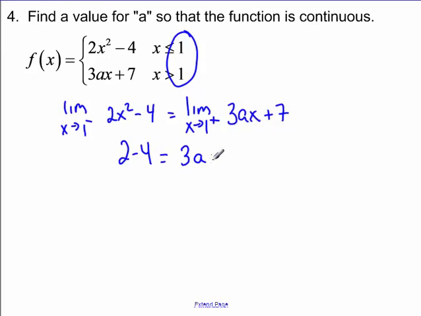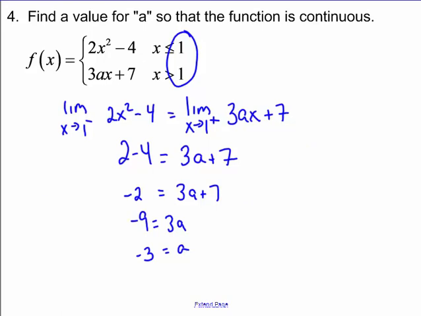A is still my variable. I'm sorry, I have this answer wrong in my notes. 2 minus 4. If I subtract, a 7 over, okay, so there our function is continuous.